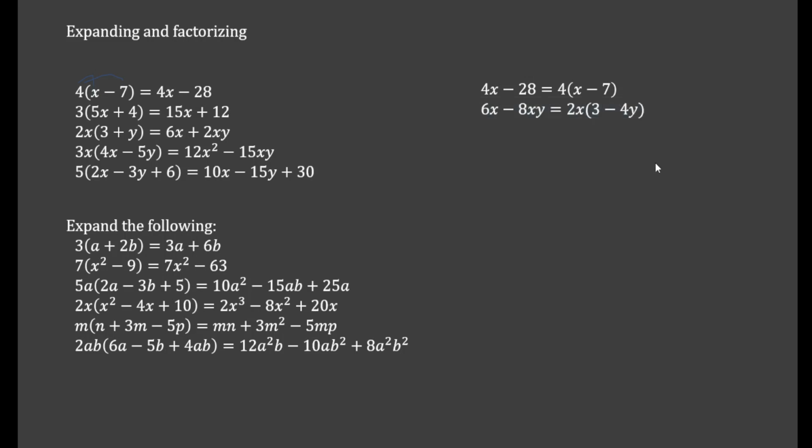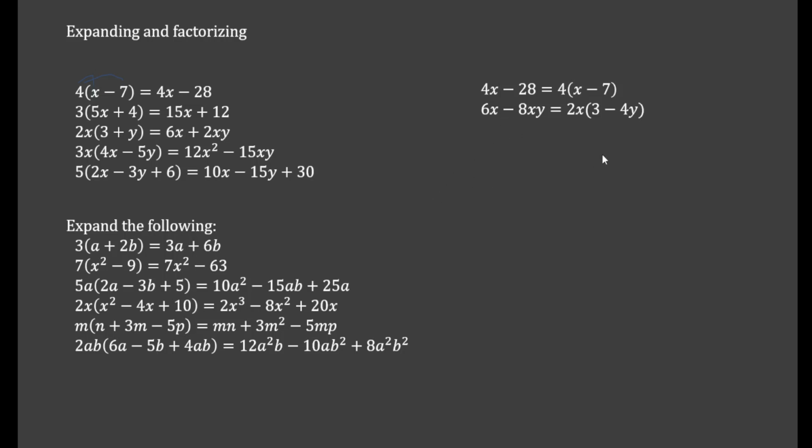Now, whenever you're factorizing, this is one of those opportunities where you can double check your answer. If you factorize and get something, you could always take this and expand it to see if it gives you back what you originally started with. And if it doesn't, then obviously you did something wrong.